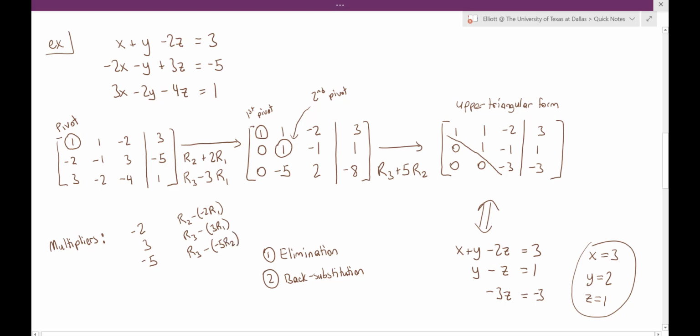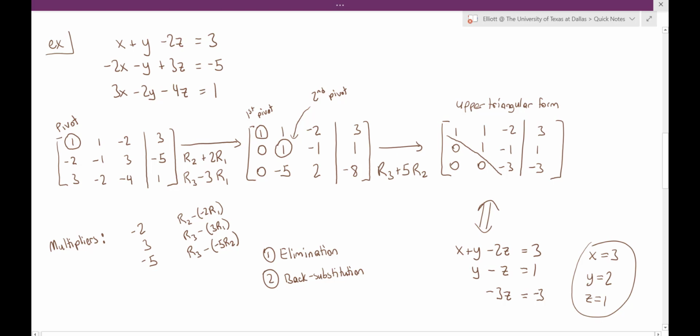So that's why -5 ends up being the multiplier. But personally, the way that I think about it is just whatever number you have here, just change the sign and you get the multiplier, okay? So a little bit weird, but again, it's just because of the way your textbook does it. Your textbook does all row operations as subtractions.